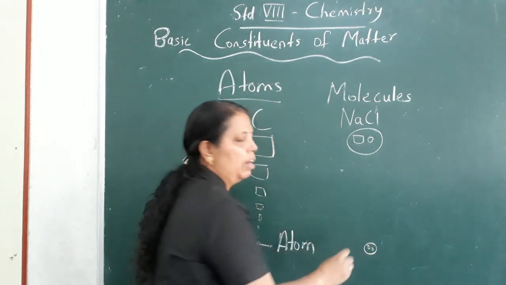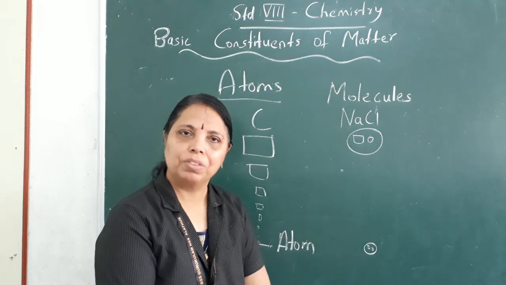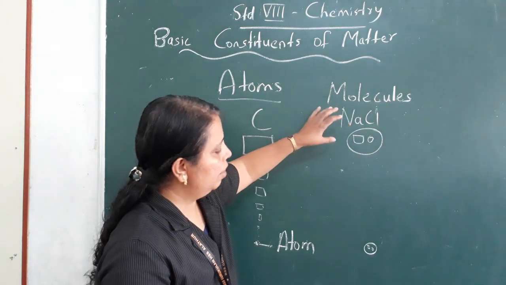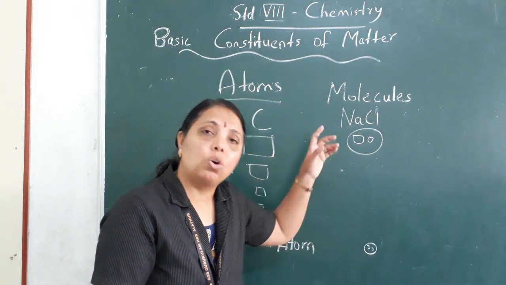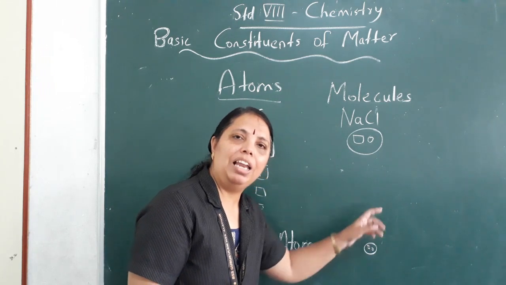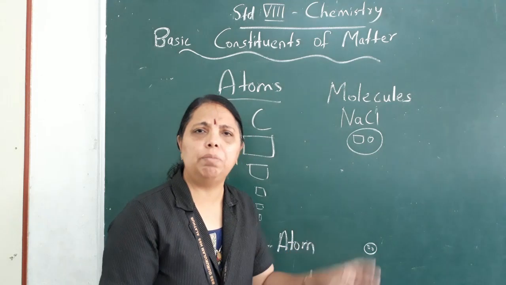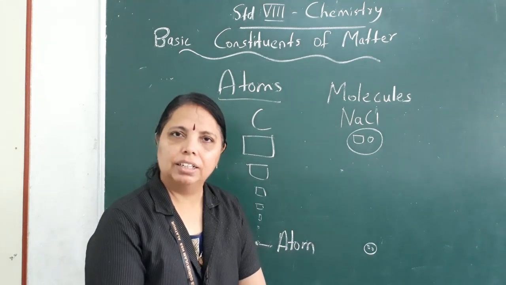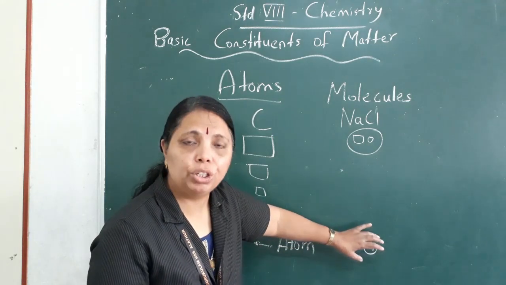This smallest particle is called a molecule. Clear? So what are molecules? They are the smallest particle of a compound, but this smallest particle will have both the atoms and they exist independently. Okay? Understood?